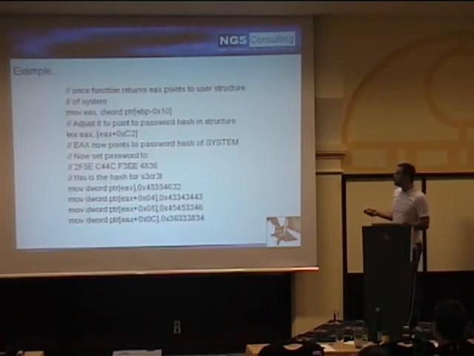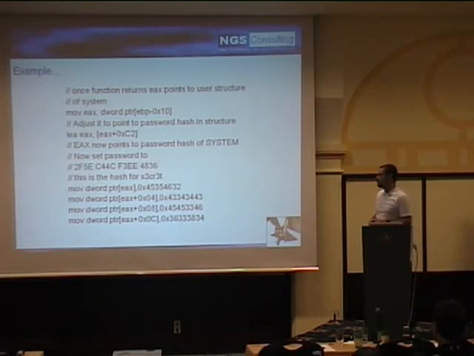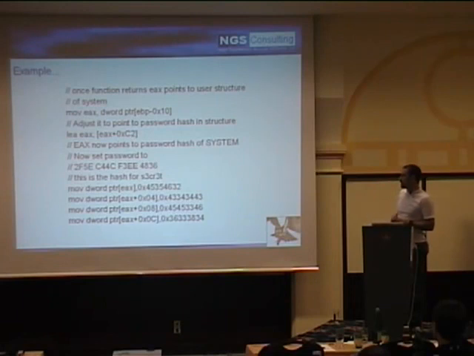We then make some modifications to that. So 0xC2 bytes into the structure we get the beginning of the password hash. So this here is the password hash. That's the password hash for the system user when it has a password of secret like that. So we then overwrite the extant password hash there.